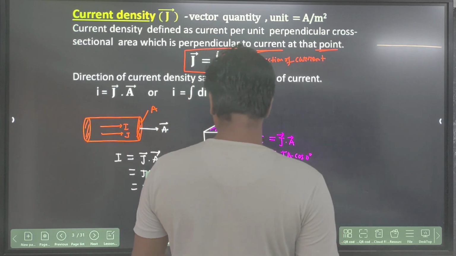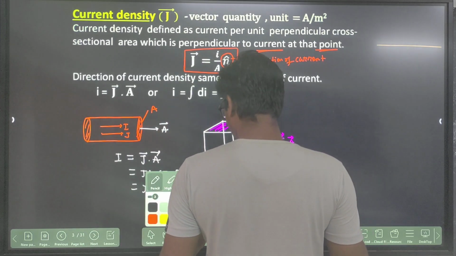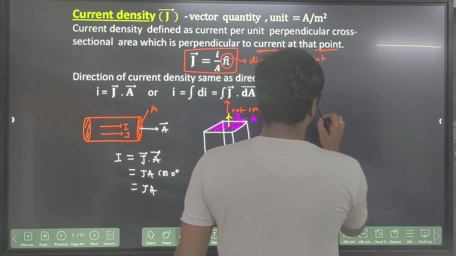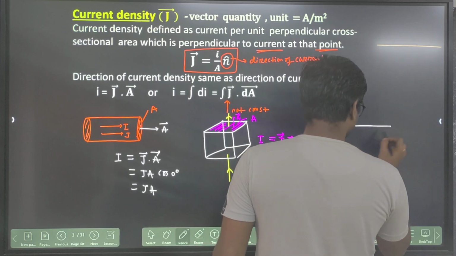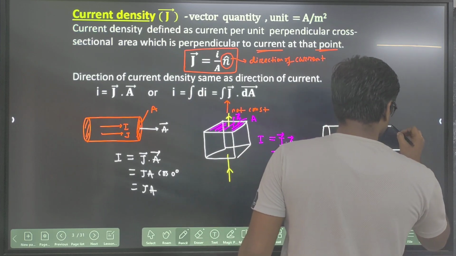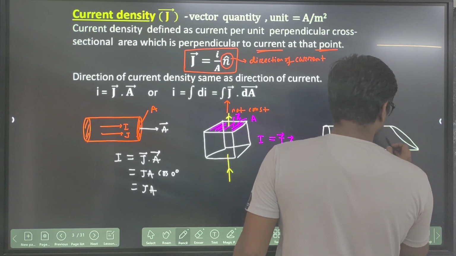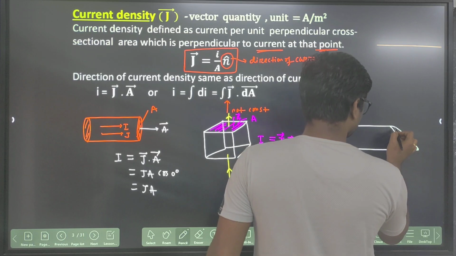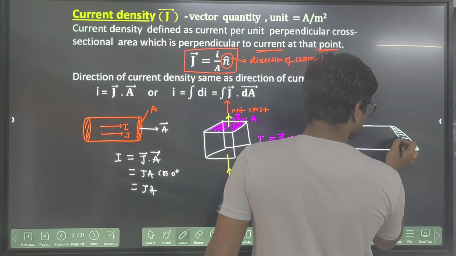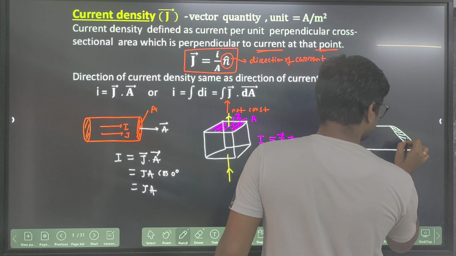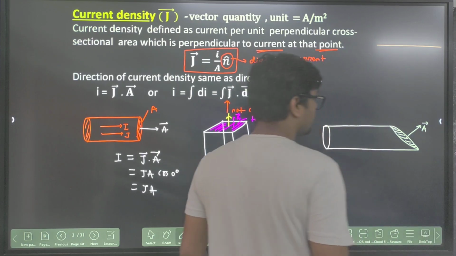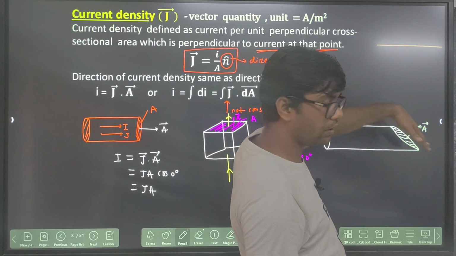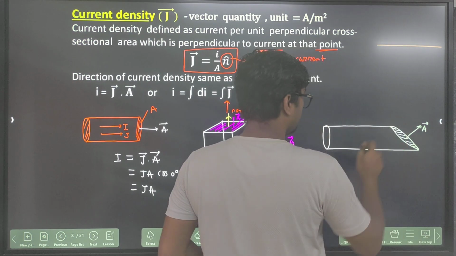Now you see here, I take a conductor like this. This is the conductor I took now, right? And in that conductor, this is the cross sectional area. You know that area direction will be perpendicular to the surface, right? This will be area.